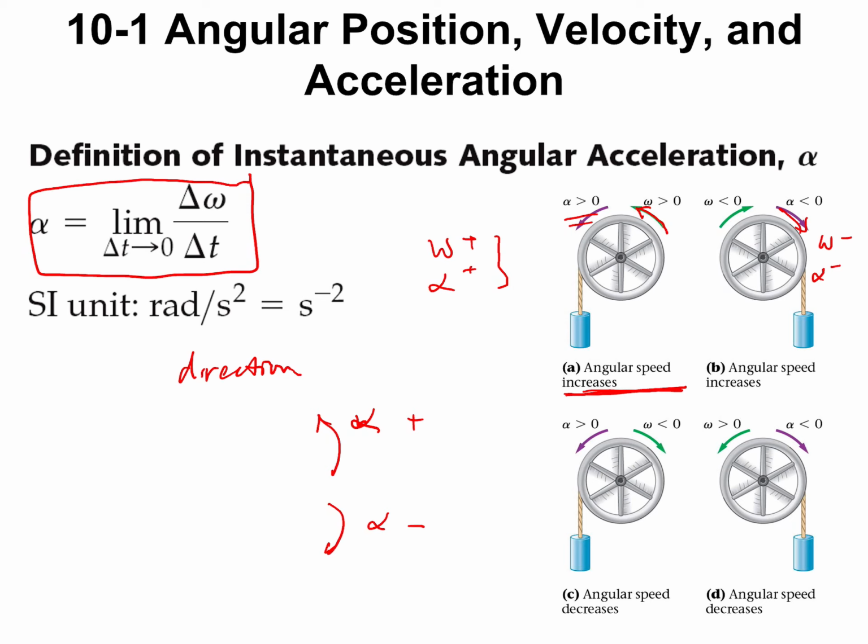Which means if angular velocity and acceleration are in the same direction, speed increases. Remember, it's not the velocity, it's the speed that increases. So in this case you rotate faster and faster in the clockwise direction.